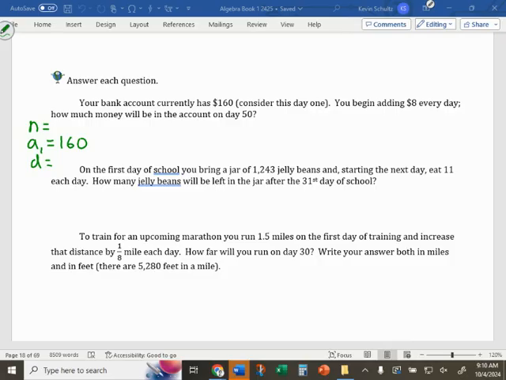The D. Yes. This is the pattern. This is the common difference. You're doing the same thing every day. You're adding $8 every day. That's the pattern. How much money will be in the account on day 50?